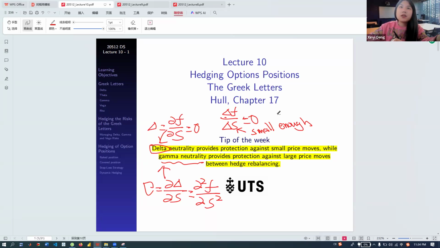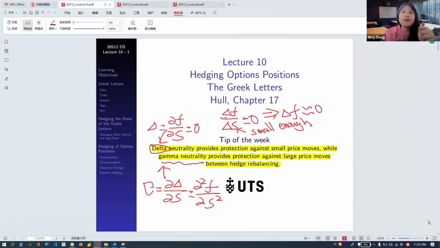Then it basically means that delta F is approximately 0. That's the mathematical expression of the first half of the tip. So when delta S is really small, if your portfolio is delta neutral, then the change in your portfolio value is approximately 0. That's delta neutral.